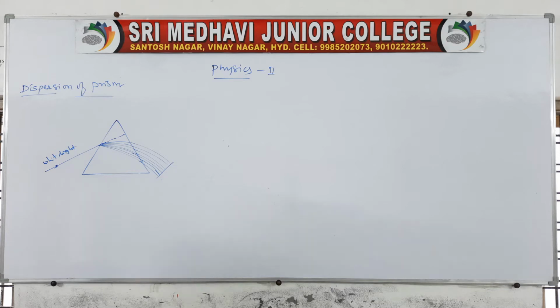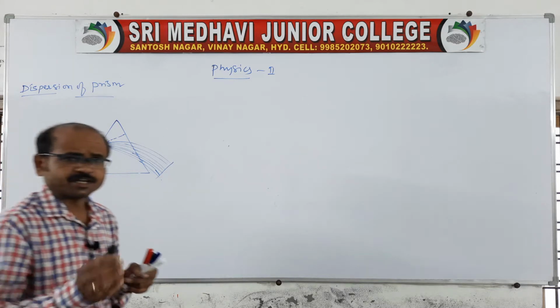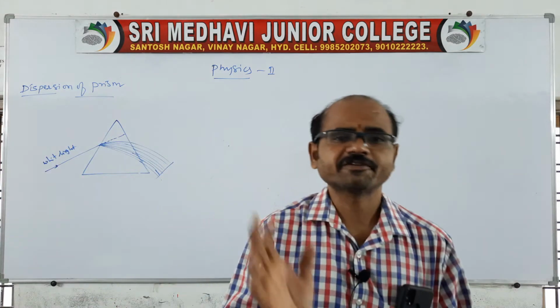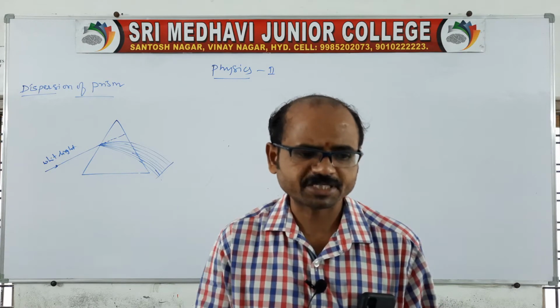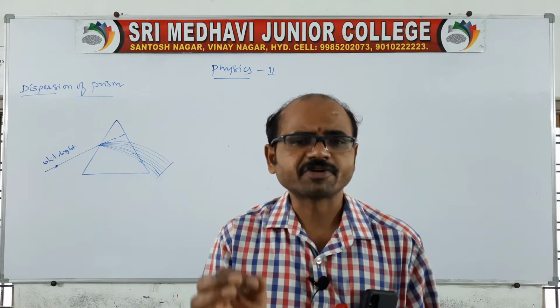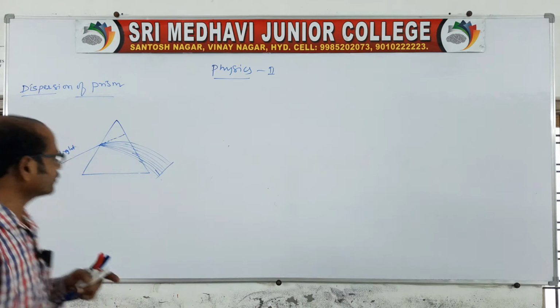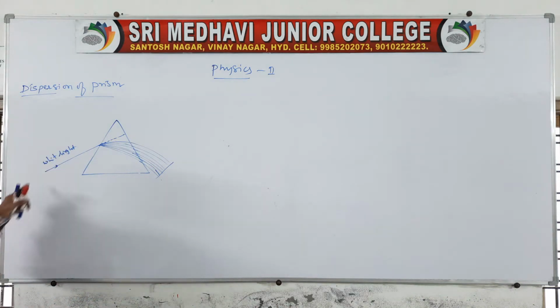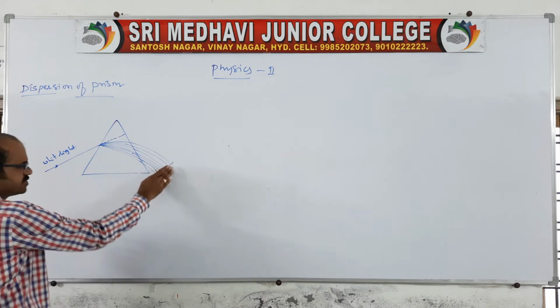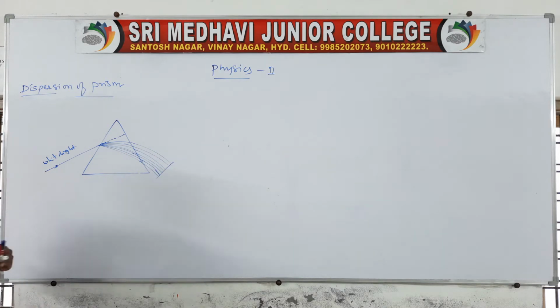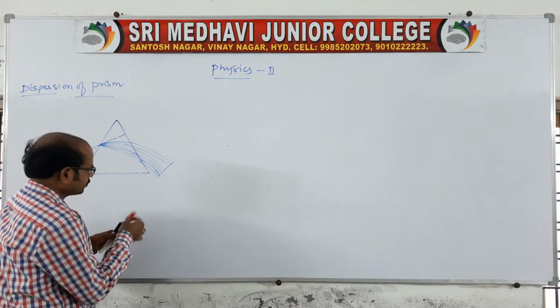And remember, the refractive index of a prism is different for different wavelengths of light. When light is incident at a point on the prism, it is divided into 7 colors, which form VIBGYOR.